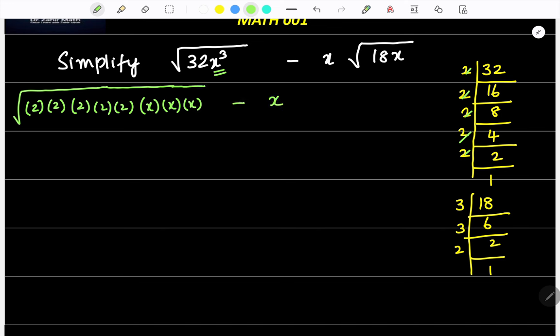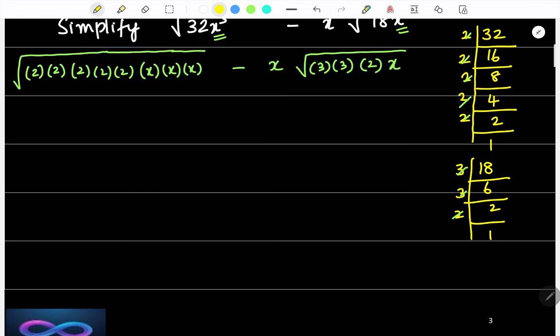Then minus, there is one x outside, and then square root of 18, which is 2 times 3 times 3, and this x I'm writing inside. For 2 2's, 1 2 will come out. The fifth 2 has no pair. For the x's, I'll take 1 x outside.